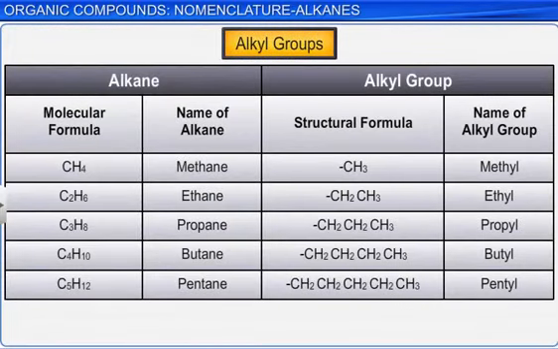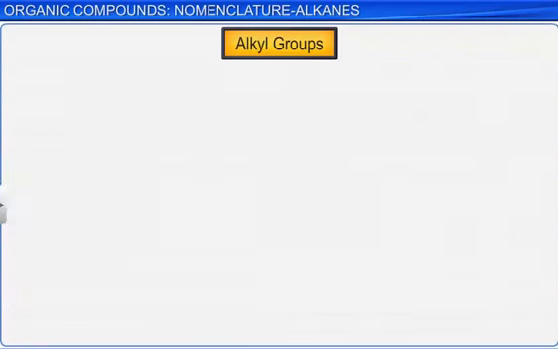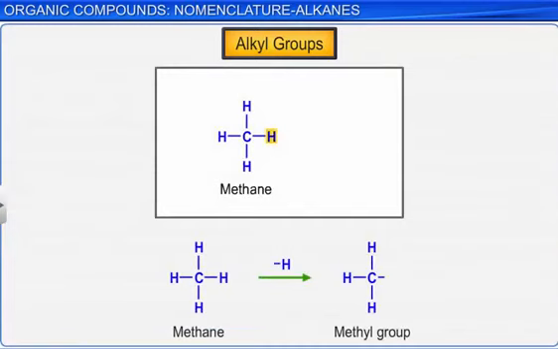The group which consists of 1 hydrogen atom less than an alkane is called an alkyl group. For example, if 1 hydrogen atom is removed from methane, that is CH4, we get the alkyl group CH3. An alkyl group is named by replacing the ane in the name with yl. Thus, the name of the alkyl group of methane will be methyl.